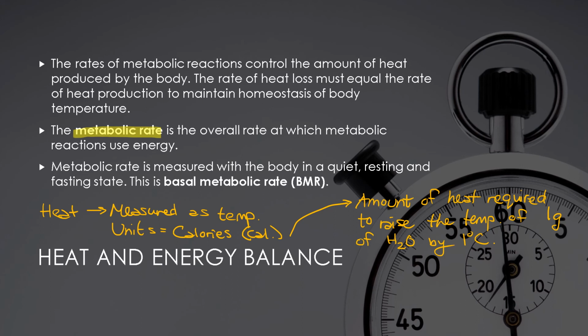Because many factors affect metabolic rate, it's usually measured under standard conditions, where the body is in a quiet, resting, and fasting state. The measurement that's obtained under these conditions is called our basal metabolic rate, BMR.